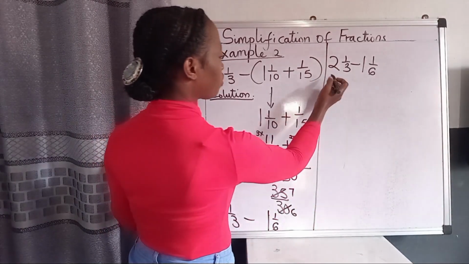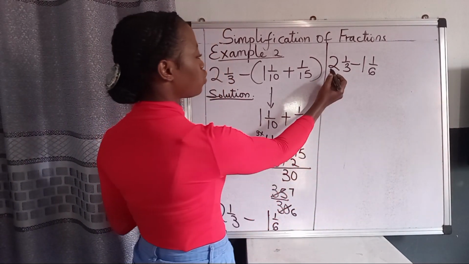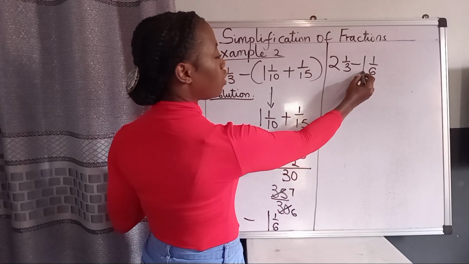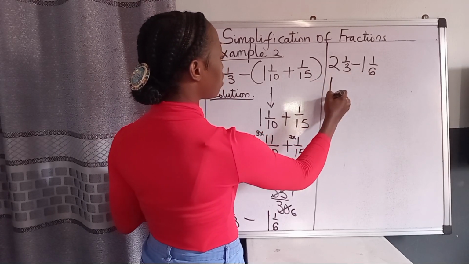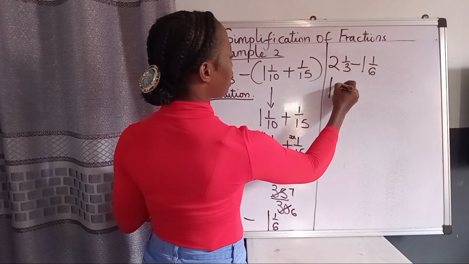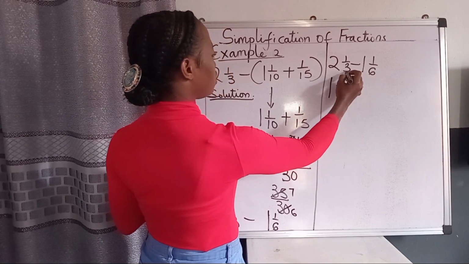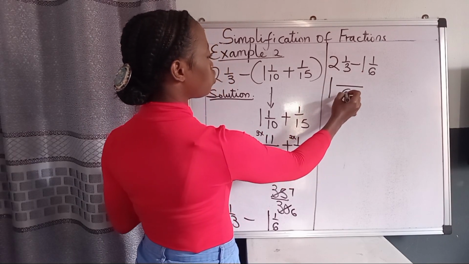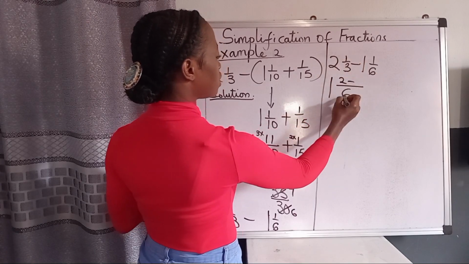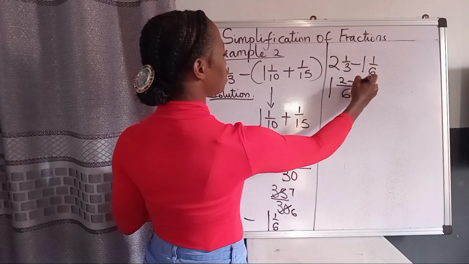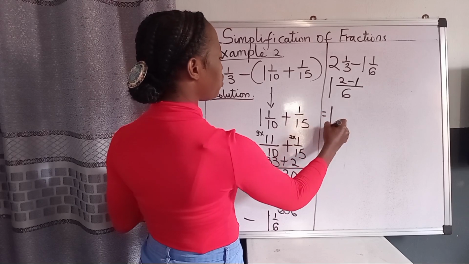So I want to use the second method. I need to subtract the whole numbers first. 2 whole number minus 1 whole number will give me 1 whole number. LCM of 3 and 6 is 6. Now 3 in 6 is 2. 2 times 1 is 2. Minus 6 in 6 is 1. 1 times 1 is 1. This will give me one whole number.